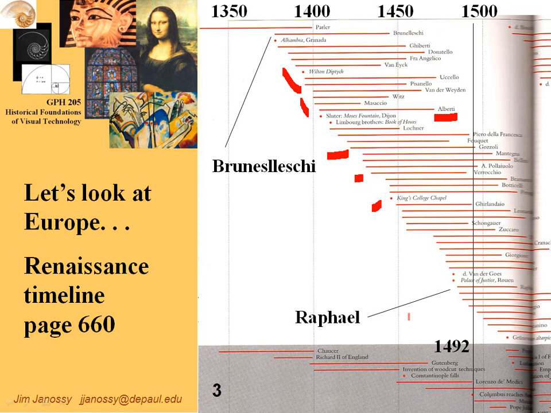So what we're looking at here is really a timeline of the Renaissance, from around 1350 on down to this date, 1492, which just happens to be one that you probably would remember towards the end of the 15th century. So I recommend that you take a look at the back of the textbook and explore this chart as a summary to help you see what's going on in the Renaissance.